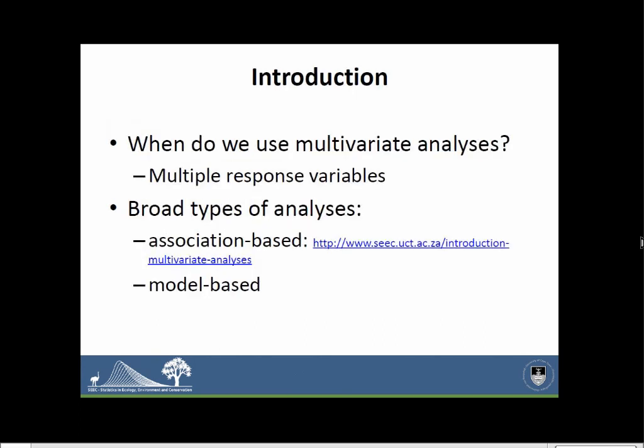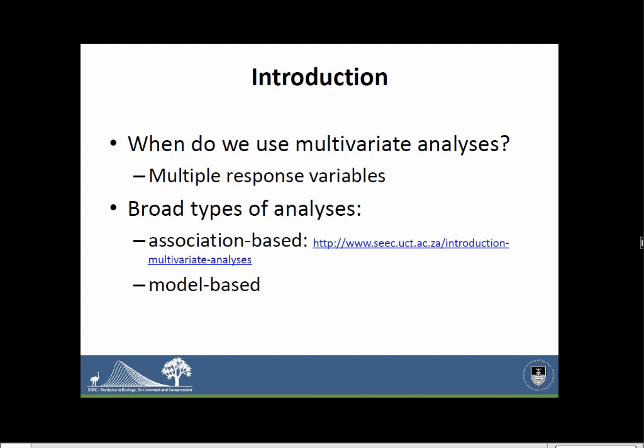So there are two broad types of analyses. There's the association-based analyses, so that would be your correspondence analysis, your primer analysis, multidimensional scaling, those kinds of things, cluster analyses, and then there are model-based ones. If you're interested in more information about the association-based ones, we did a SEEC toolbox about exploratory methods a few years ago, and that's available on the SEEC website.